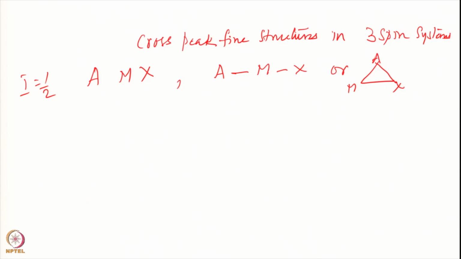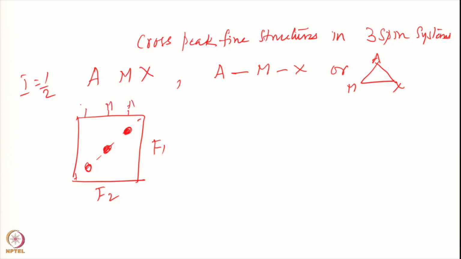So what will be the fine structure in the cross peaks? Let us look once again at the schematic of the 2D spectrum. So here we have F1, F2, and I will have here 3 diagonal peaks, let us say, and let me call this A, call this M and call this X. Okay.